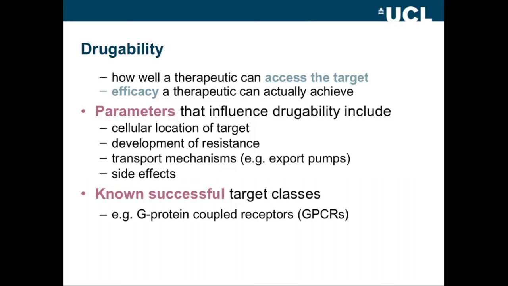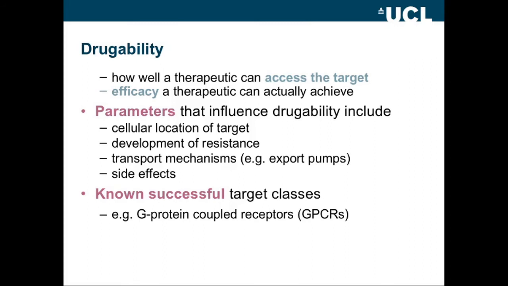And also side effects. We can't have a very therapeutic drug if we can only use it in very small quantities, and those quantities are not sufficient to have a good effect.